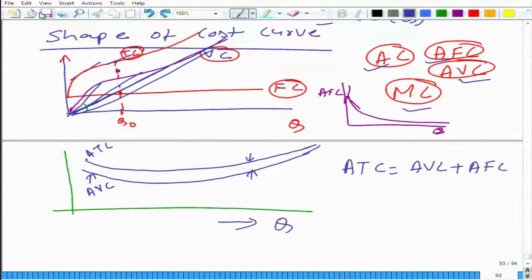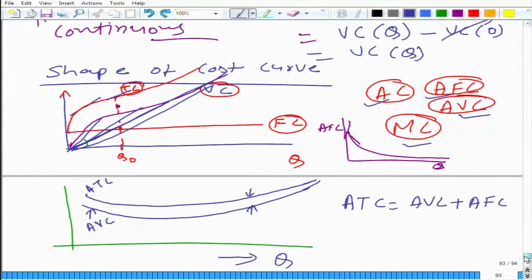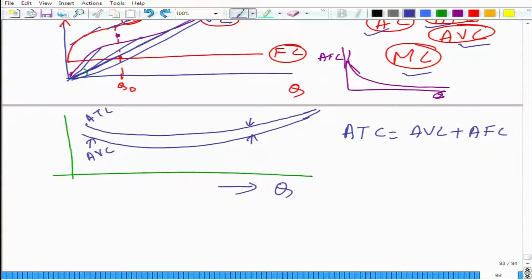Earlier the slope is higher than average variable cost. Remember, if we take the discrete example, at Q equal to 1, marginal cost is equal to average variable cost.